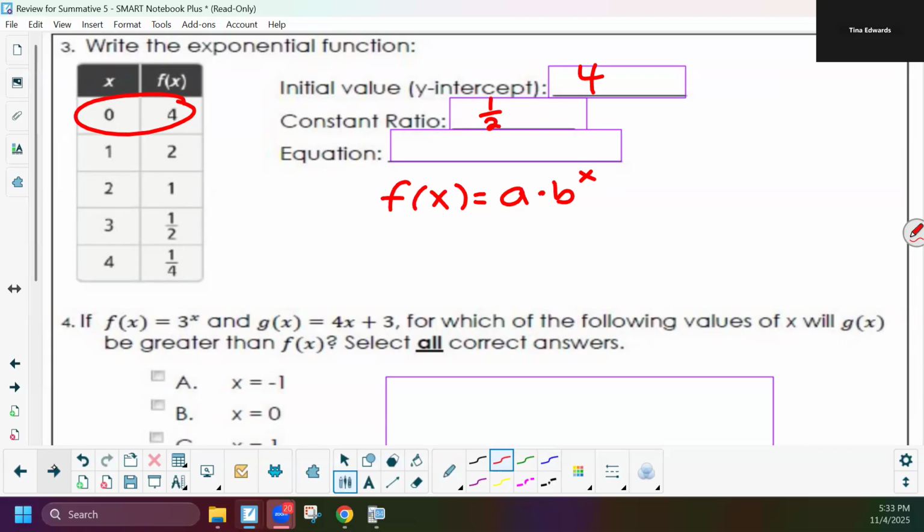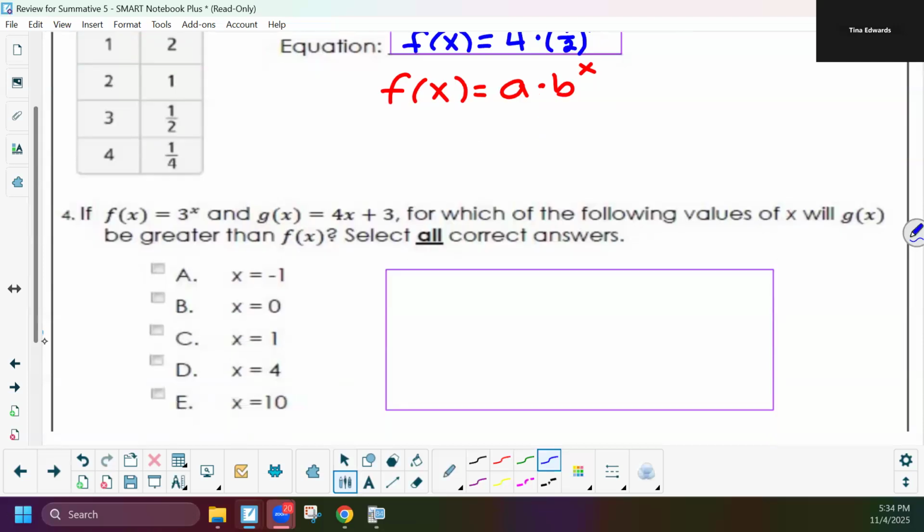So if I'm writing my equation, I have to fit these two pieces in for A and for B. So my equation would be f of x equals my starting point is 4 times my common ratio is 1/2 to the x power. If you type that into y equals and then look at the table, it should match what you have in this table here.